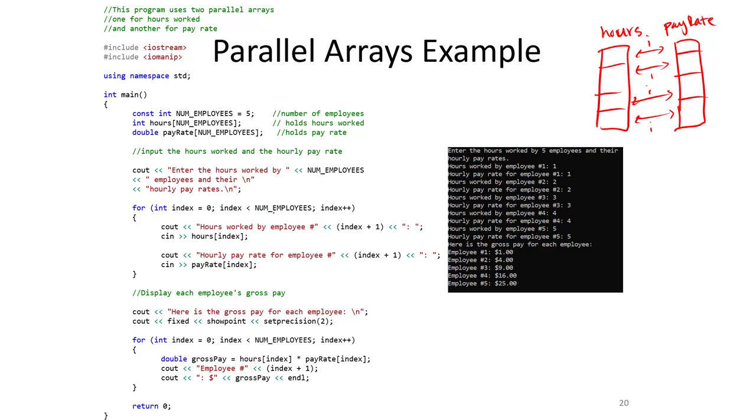So we designed this program such that we have num employees as the size of our array. So each index I holds the data for one employee. And notice we can use a for loop to enter the hours and pay rate for each employee, and then calculate gross pay by multiplying hours and pay at the same index.